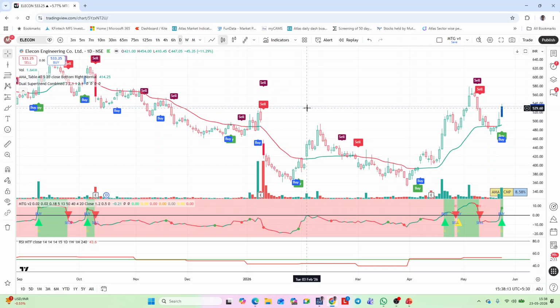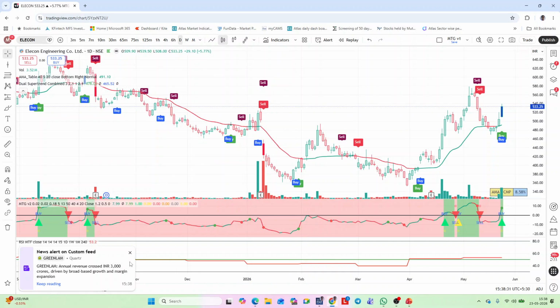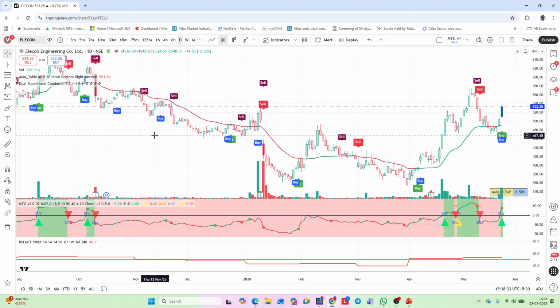You don't need to fear what will happen. And one more important mention I want to make here: you need to understand one thing. No setup or strategy is 100% foolproof. There will be some trades which you have to exit in losses. Don't think that if everything is meeting as per your setup and you enter, there is no chance that the stock will hit your SL.